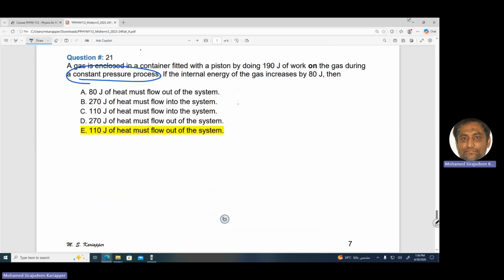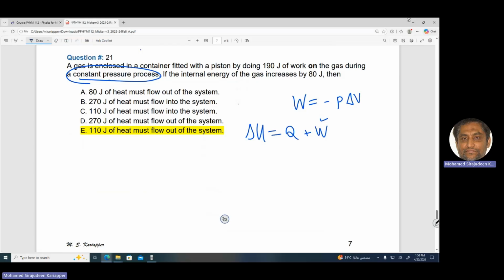Right. When the pressure is constant, I know several equations. One of them is this. It's all there in the formula sheet, grouped by the process, so you know which equations to pick. Will it help us to solve? No, we may need the first law of thermodynamics, which is this.